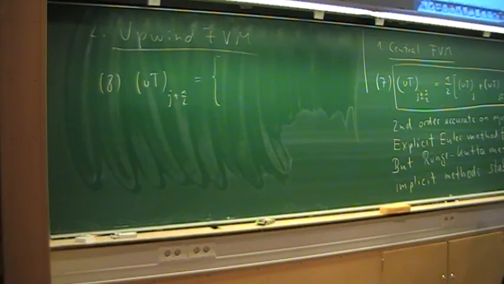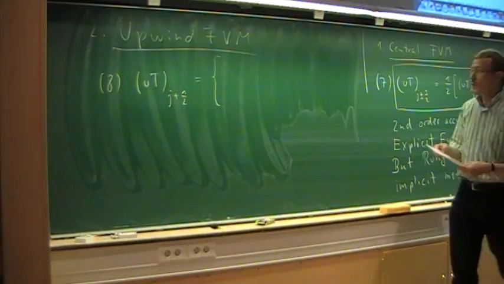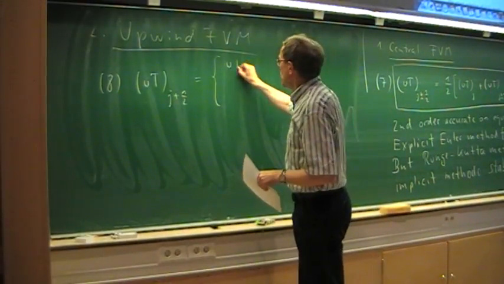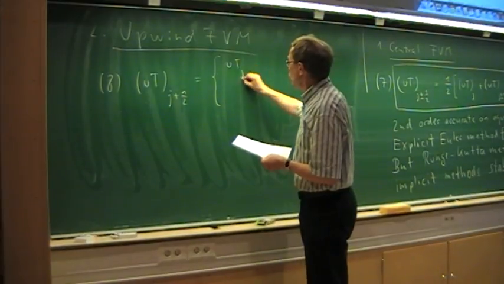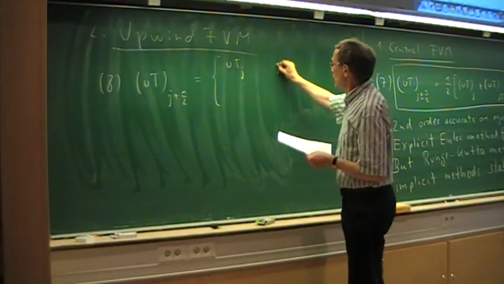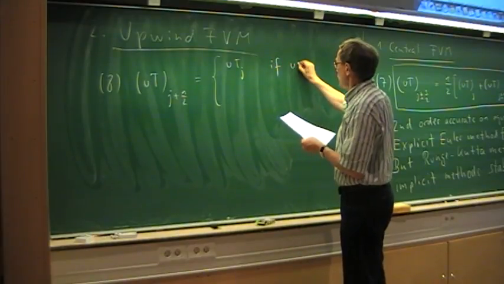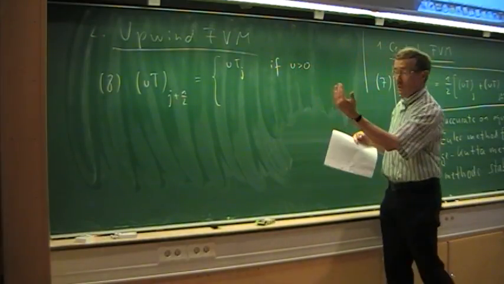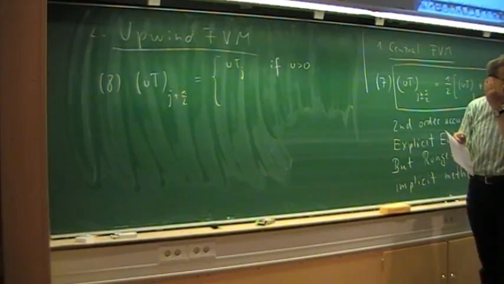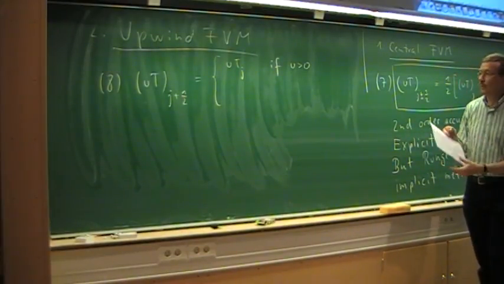When it's coming from the left, then the left ut is propagated. So in that case, we take the ut at j. And that is if the velocity is positive. Because then the flux is propagated from the left, and then at the face we take that value.